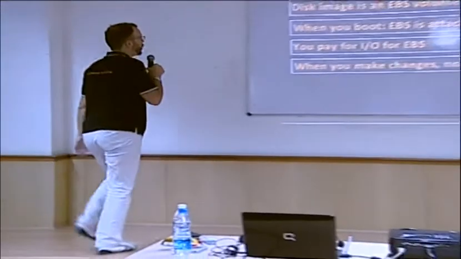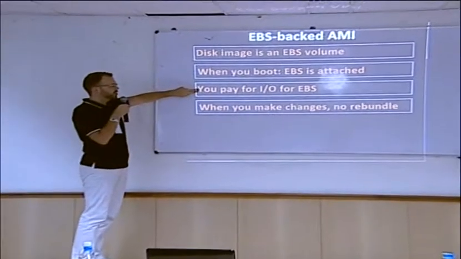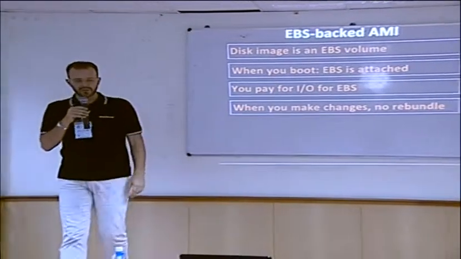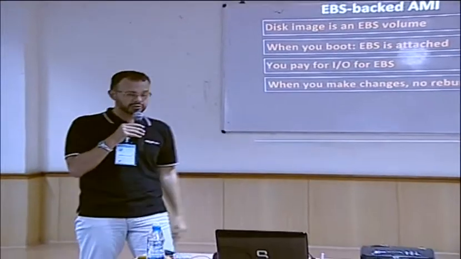I already explained this. You need to rebundle the AMI, that's the term, if you want to keep the changes. And then this is the EBS backed AMI. One little drawback is that when you use an EBS backed AMI, you also pay for I/O operations to and from the disk. So it might be a little bit more expensive.